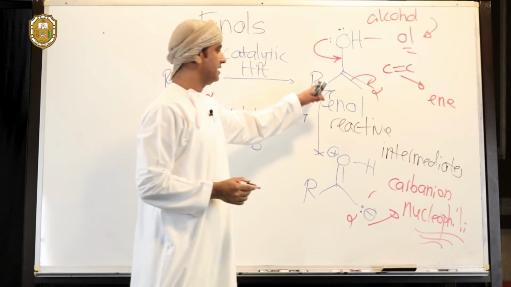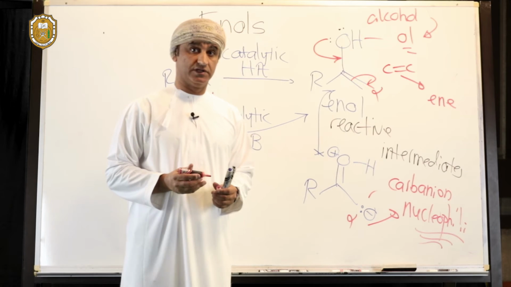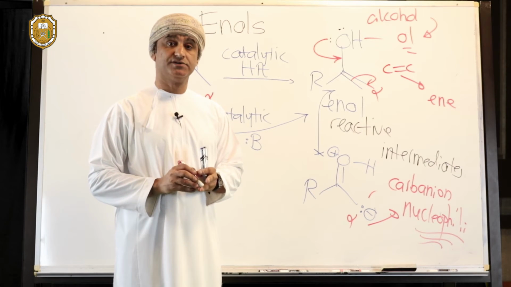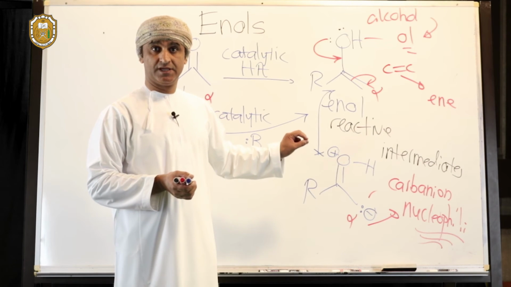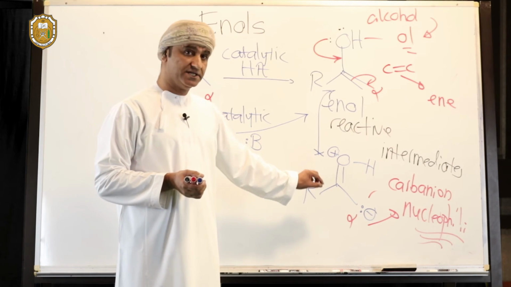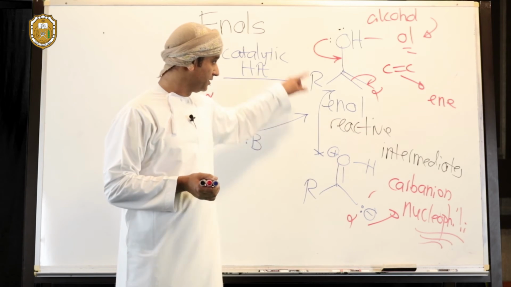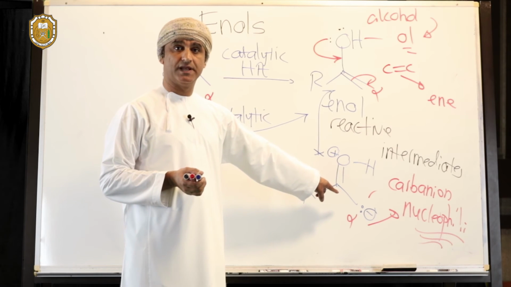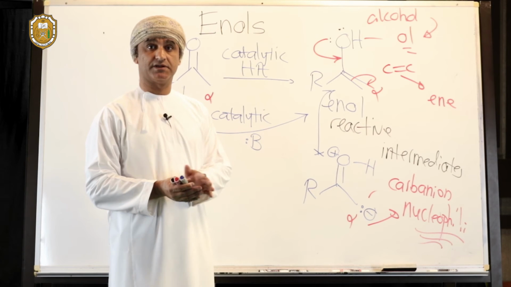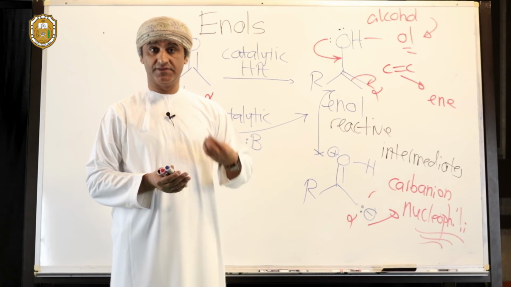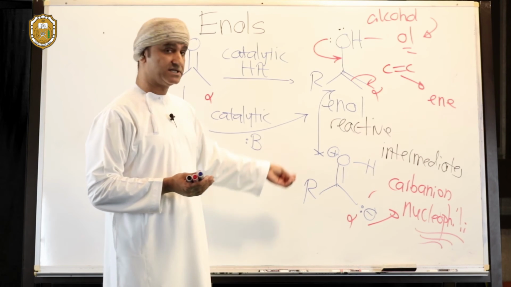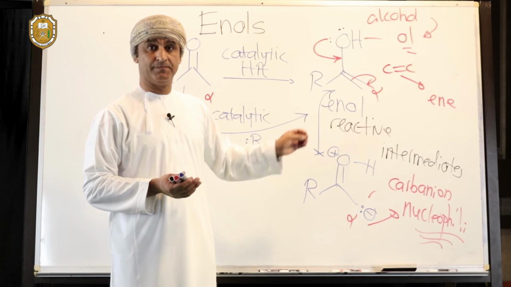And that's exactly why enols are very useful reactive intermediates: because they are nucleophilic, and they are nucleophilic on the alpha carbon. This carbon is nucleophilic because, according to this resonance, we can leave a carbanion on it. So enols are reactive intermediates because they are nucleophilic, because of this resonance, and they are nucleophilic at the alpha carbon.